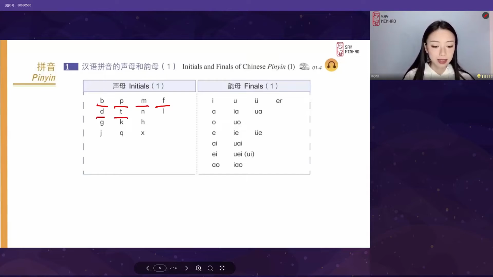Next, 特. Next, 呢. Next, 了. Next one is 歌.